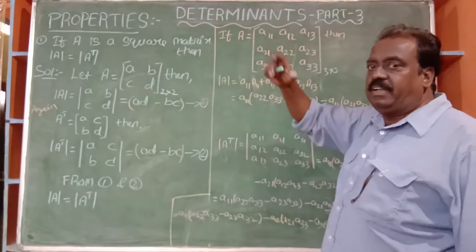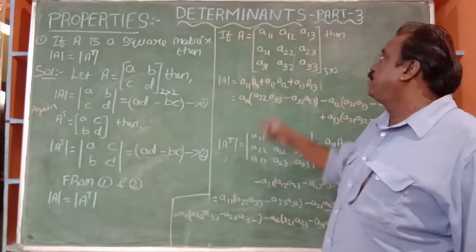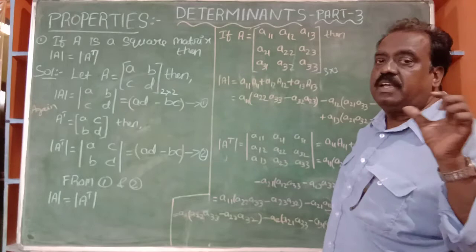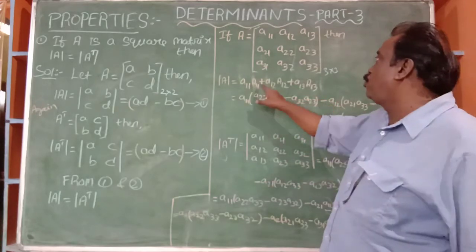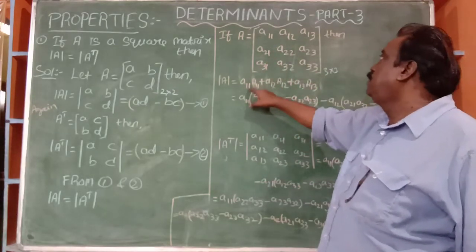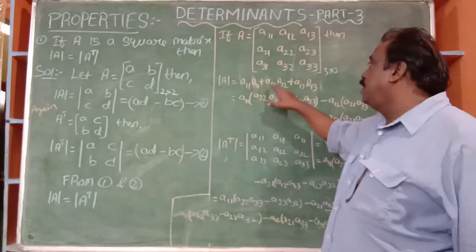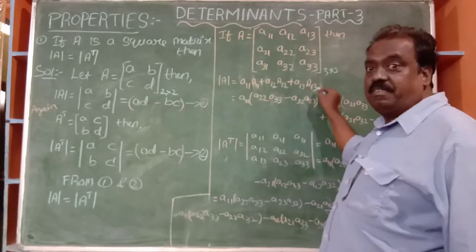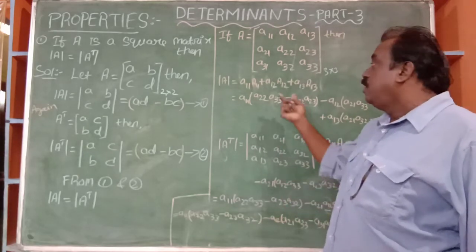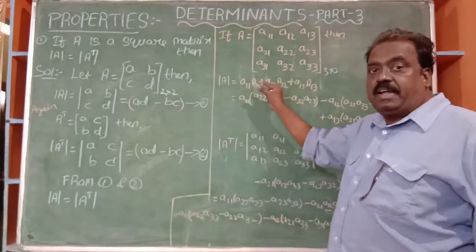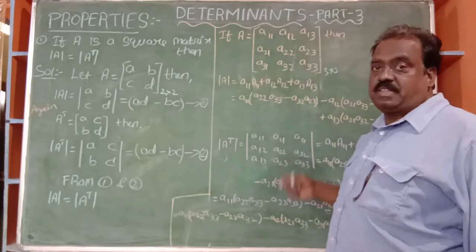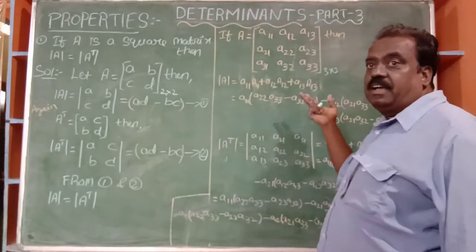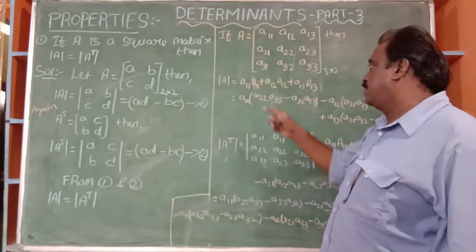While we are expanding the determinant, I am taking the first row only. Always prefer to take the expansion of the determinant along the first row. It is a11 capital A11, a12 capital A12, a13 capital A13, because it is the sum of the products of all elements of the first row multiplied by their corresponding cofactors.